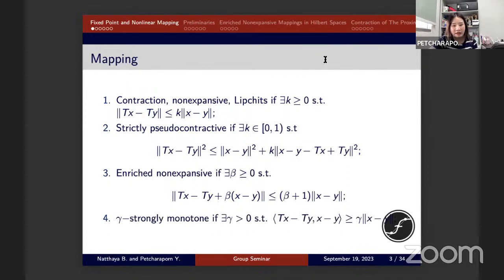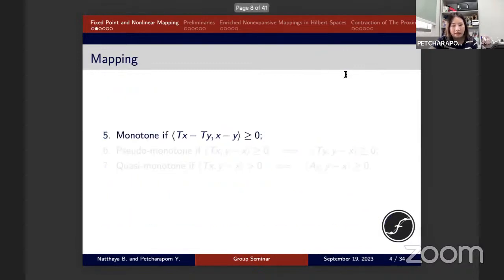And next, lambda strongly monotone if there exists gamma greater than 0, such that inner product of tx minus ty and x minus y greater than or equal to lambda of norm of x minus y square. And next, monotone if inner product of tx minus ty and x minus y greater than or equal to 0.